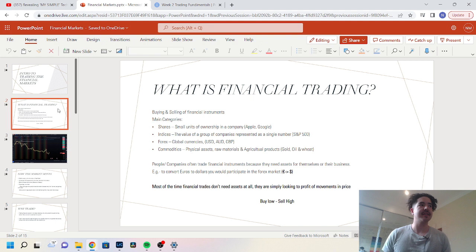Everything's pretty much on TradingView. You look at your charts on TradingView, and wherever you're trading, whoever's your broker. Personally, I use MetaTrader 4 and TradingView. My broker's, oh, I can't remember off the top of my head at the moment, but they'll give you the different spreads and things like that.